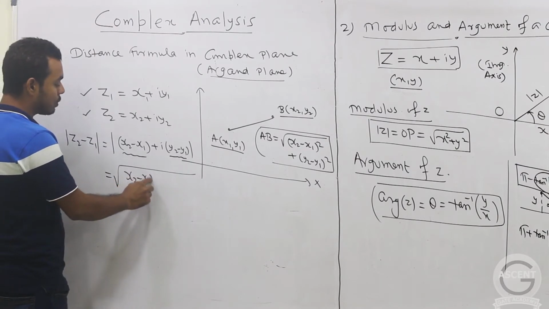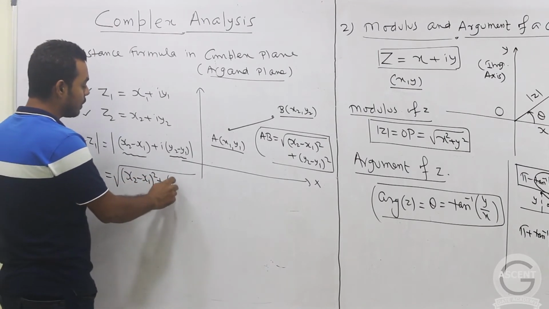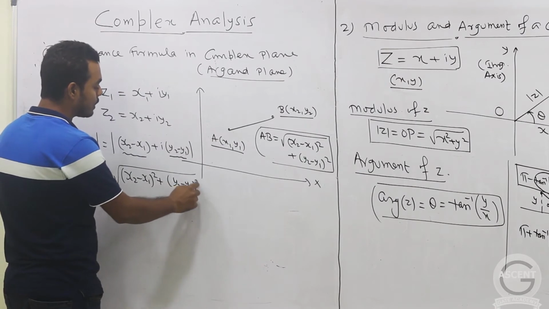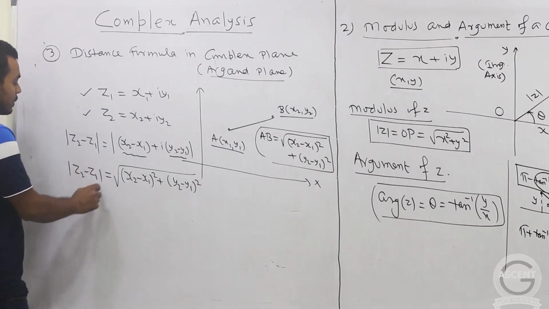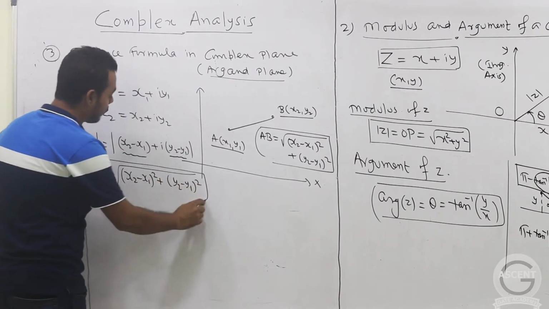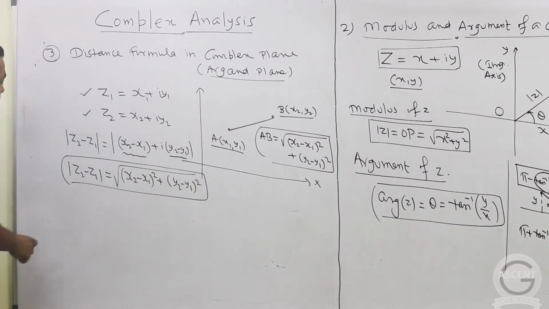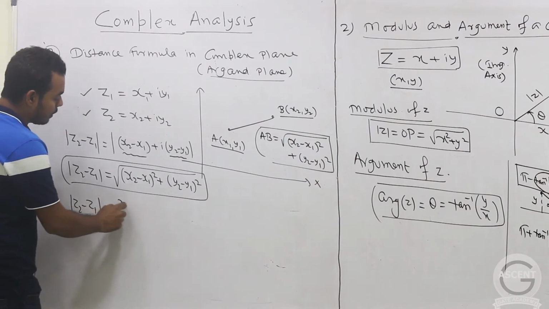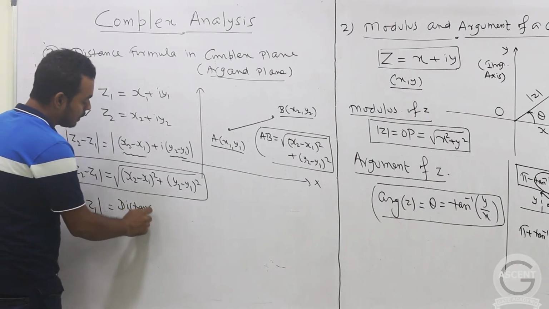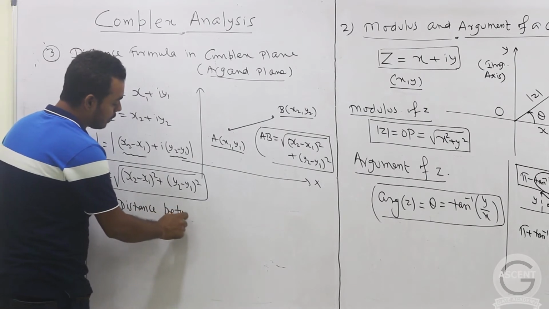So root over x2 minus x1 square plus y2 minus y1 square, right? So this is nothing but the distance between two points. So now we arrive at one very important conclusion, that this mod z2 minus z1 is nothing but a distance between the points. Okay, this is a very important result.